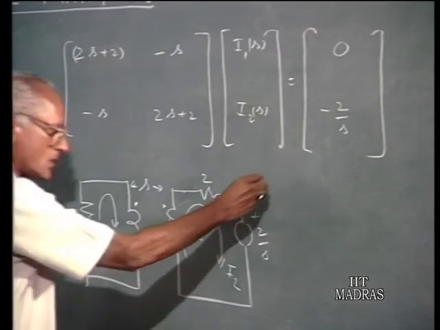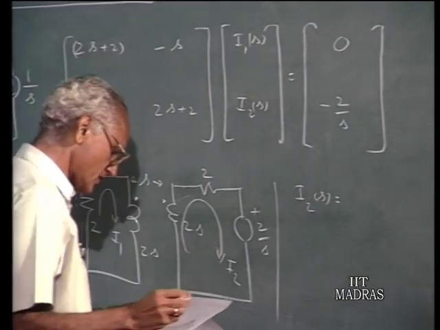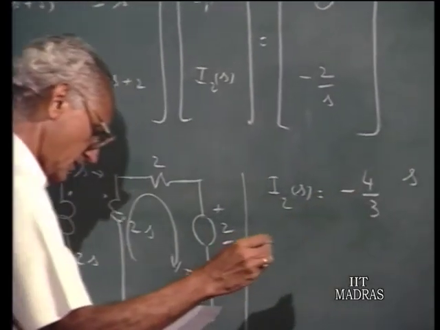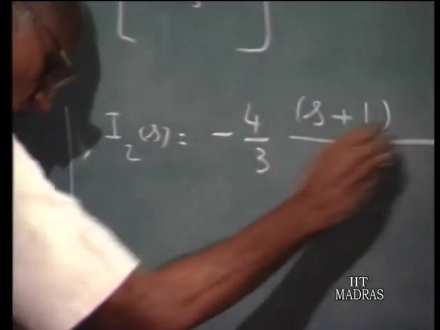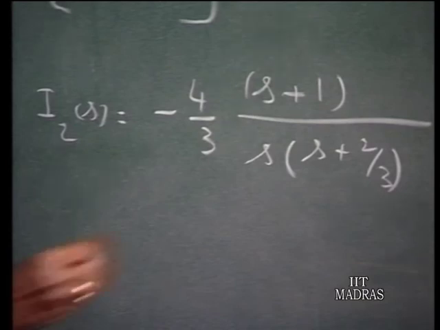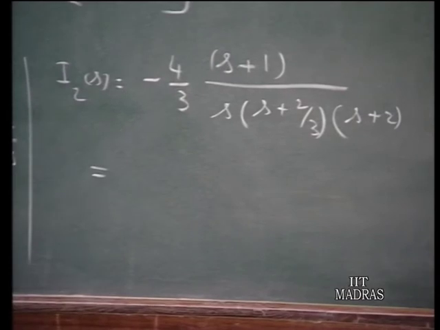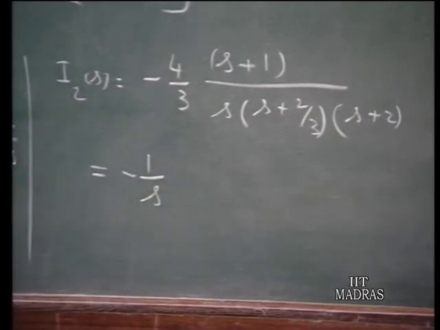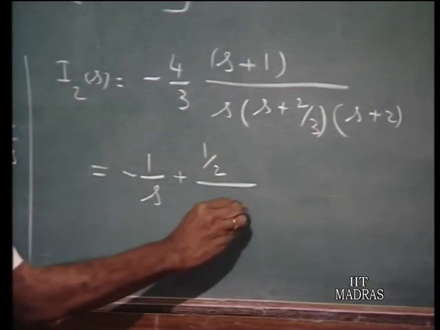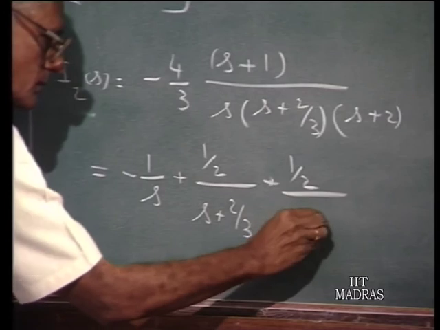You can solve for this and you get an expression for I2 of S. The solution of these two equations will give you I2 of S equals minus 4 upon 3 times (S plus 1) over S times (S plus 2 by 3) times (S plus 2), which on partial fraction expansion will yield minus 1 by S plus half divided by S plus 2/3 plus half divided by S plus 2.